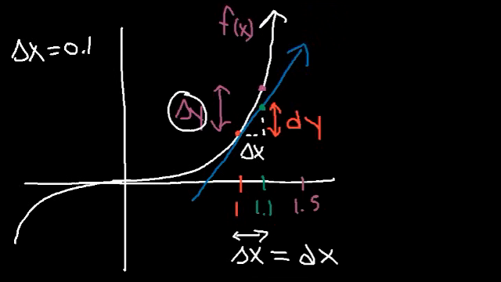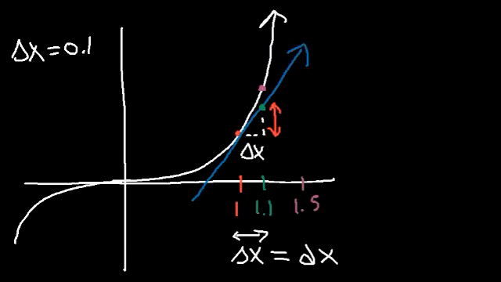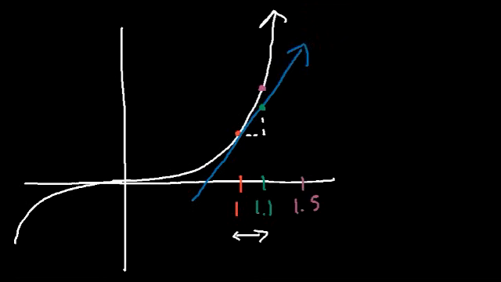Now what about when delta x is significantly larger? So let's say delta x this time is not 0.1, but it's 0.5. So delta x is the same as dx.